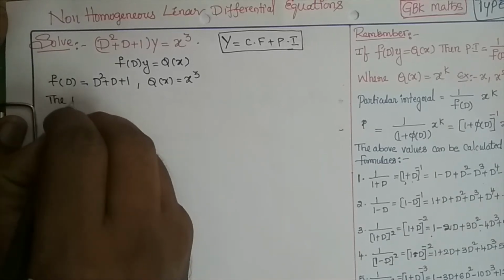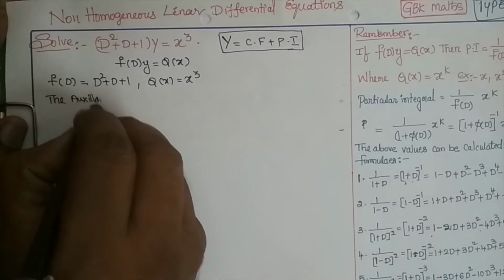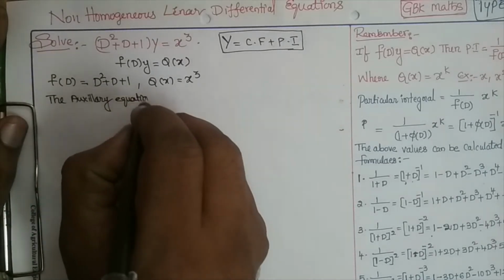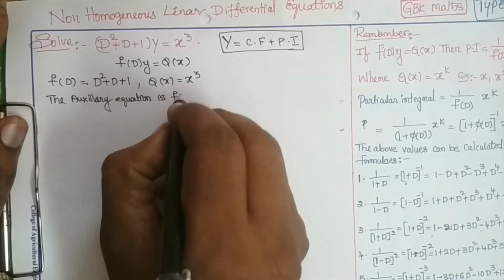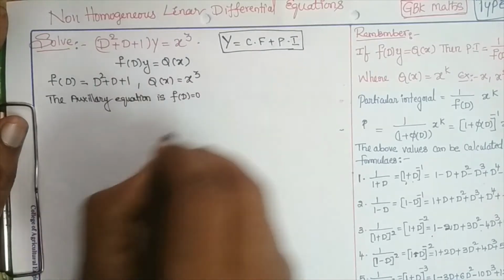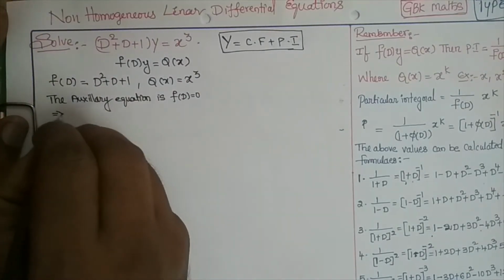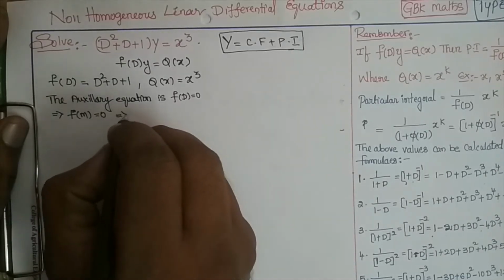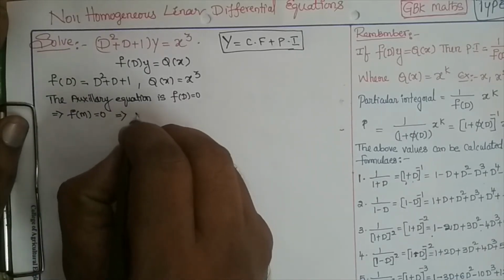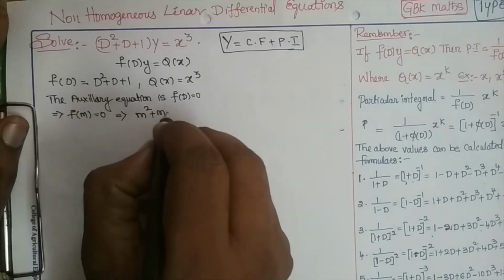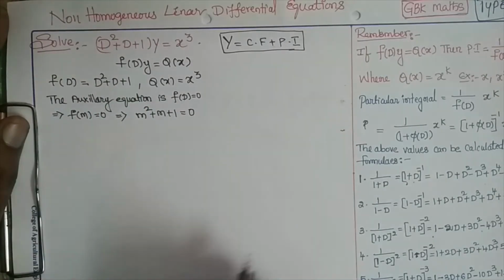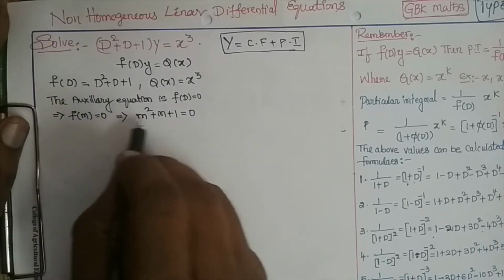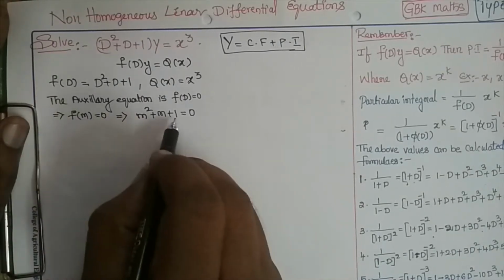After identifying these two, now we go to the auxiliary equation. The auxiliary equation is f of D is equal to 0, which is also written as f of m is equal to 0, which means m square plus m plus 1 is equal to 0. We have two roots because this is a second order polynomial in m.